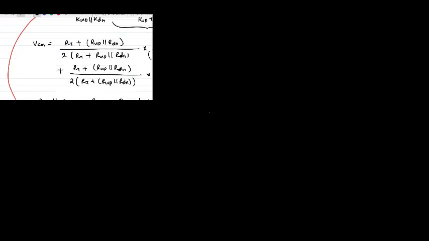Okay, so what you have is RT, R down, R up, R down by, or let's just write it simply, because we have R up parallel R down as RT, and this is R up plus R down times VDD TX.